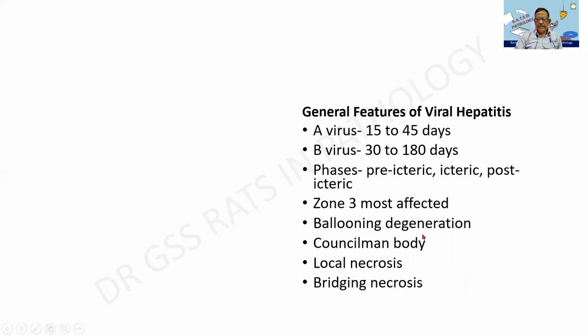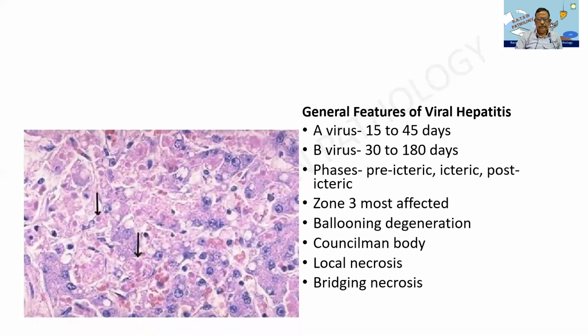The common lesions that we can see will be what is called ballooning degeneration. All these will be explained. A Councilman body, focal necrosis, bridging necrosis. These terms will be repeatedly arrived at, and I would like you people to kindly follow. Look at this one.